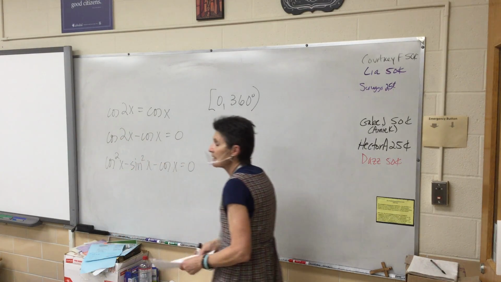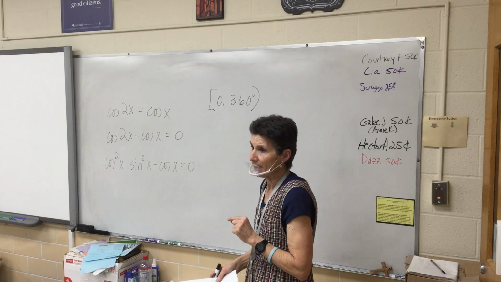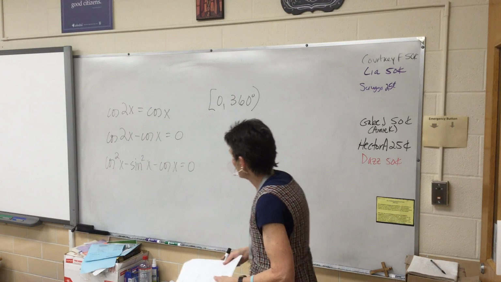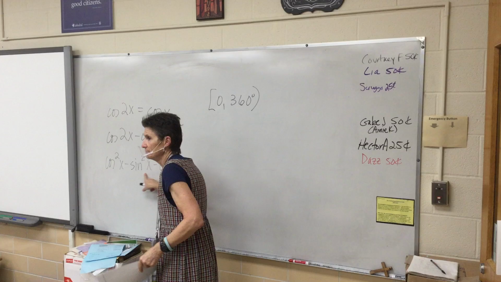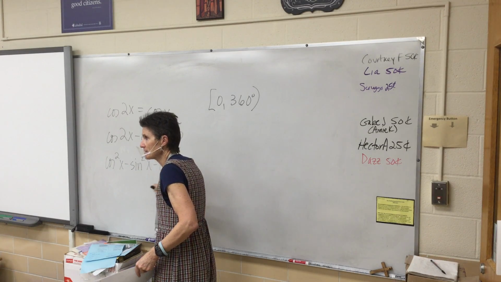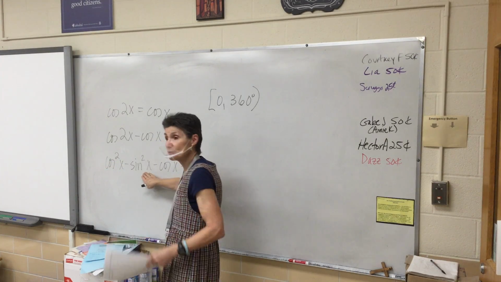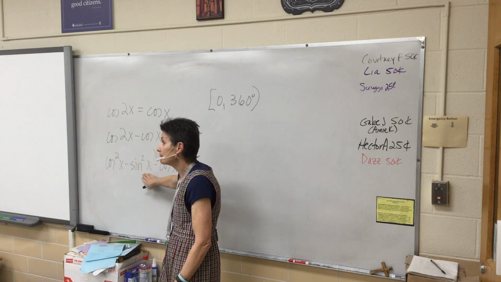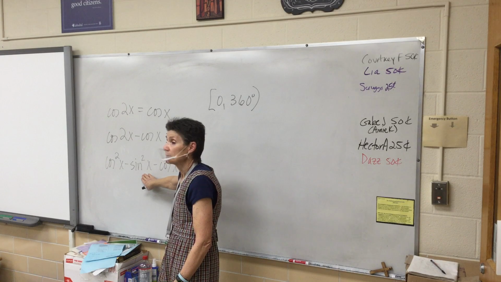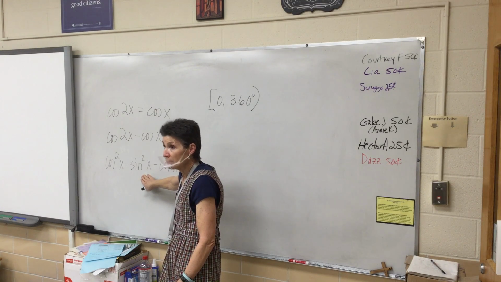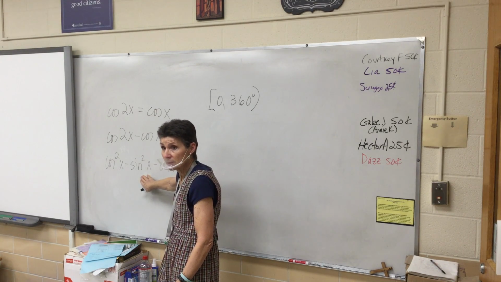Now, guys, that's a problem because this is trouble. It doesn't match everything else. But you know, because you have it memorized, what can you do with sine squared? 1 minus cosine squared.